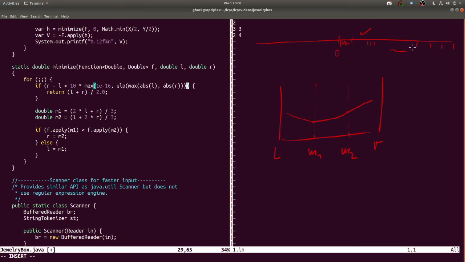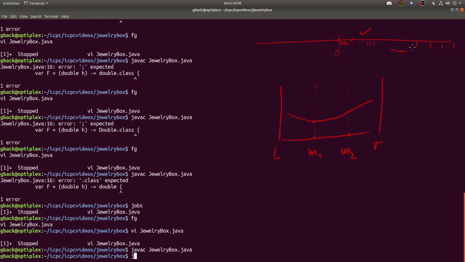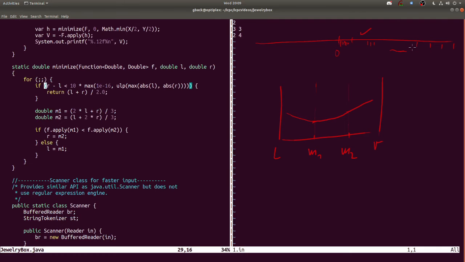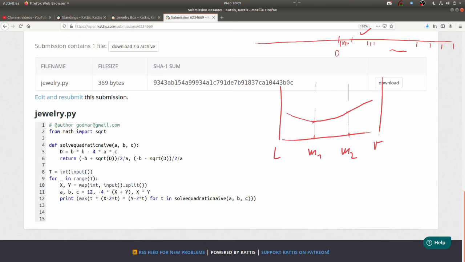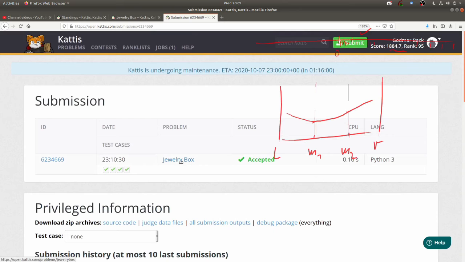So let's make this our bound. Okay. Right, so let's try this and see if this works. It does appear to work, so let's submit this for this problem.